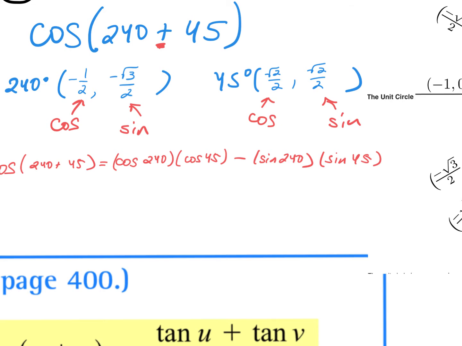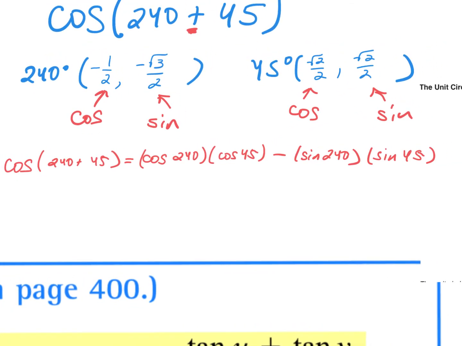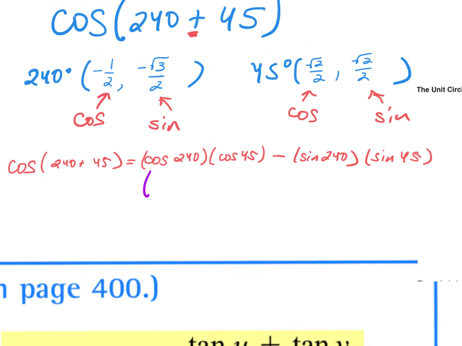Just be careful. So now let's fill in, guys. From our ordered pairs, what is the cosine of 240? Perfect. Negative 1/2. What is the cosine of 45? Square root 2 over 2. Good. Minus, what is the sine of 240? Negative square root of 3 over 2. Good.